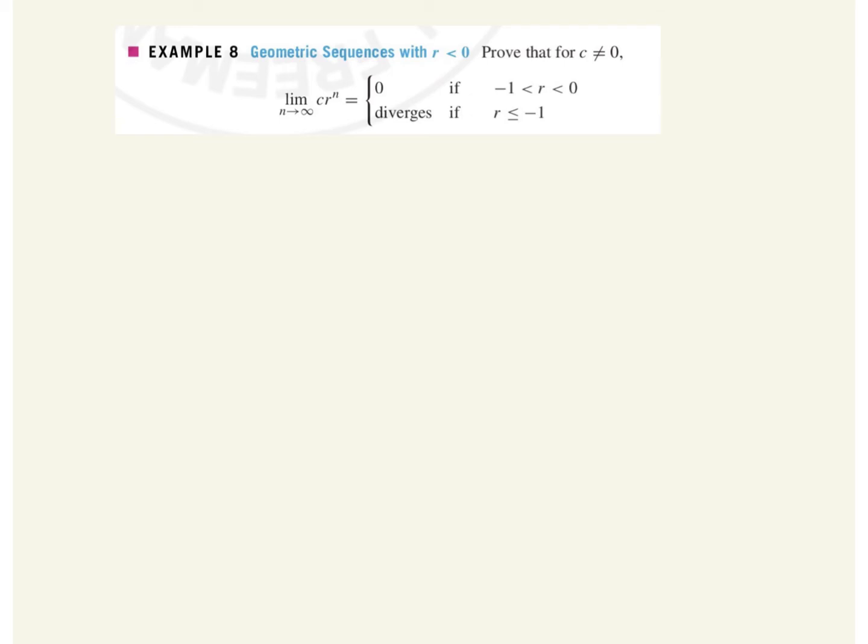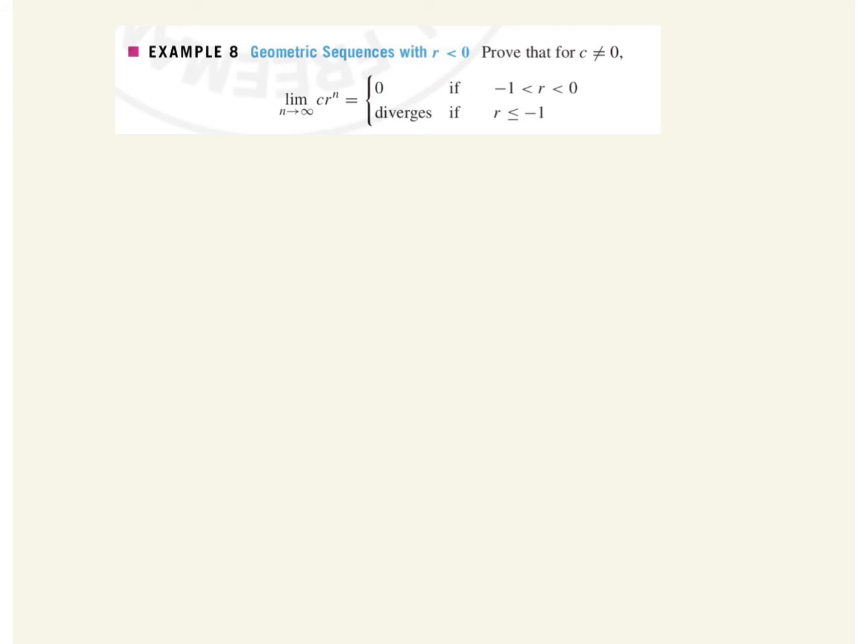If we do something really similar now, when r is less than 0, right? So the setup for this is almost the same. The constant cannot be 0, so therefore this geometric sequence actually exists. The two scenarios hold true, and that's what we're going to prove.